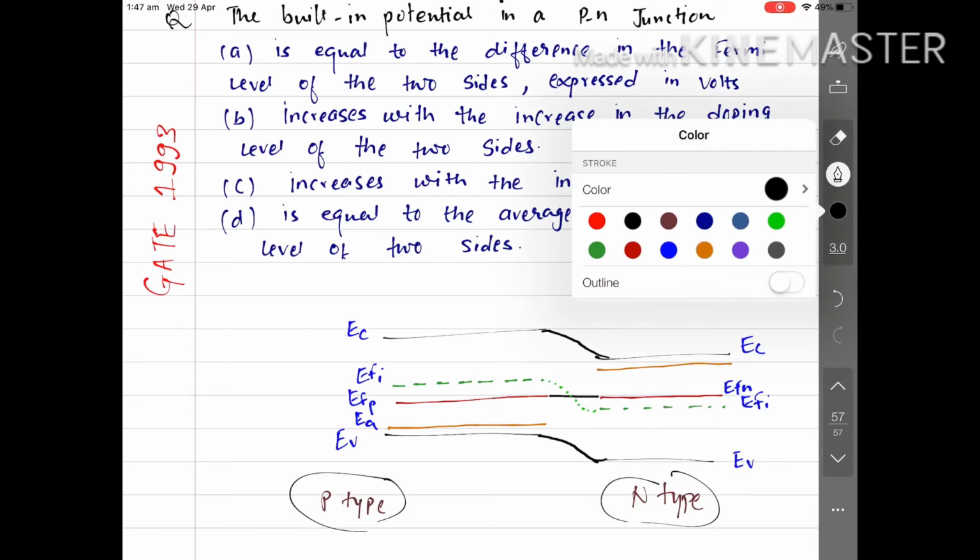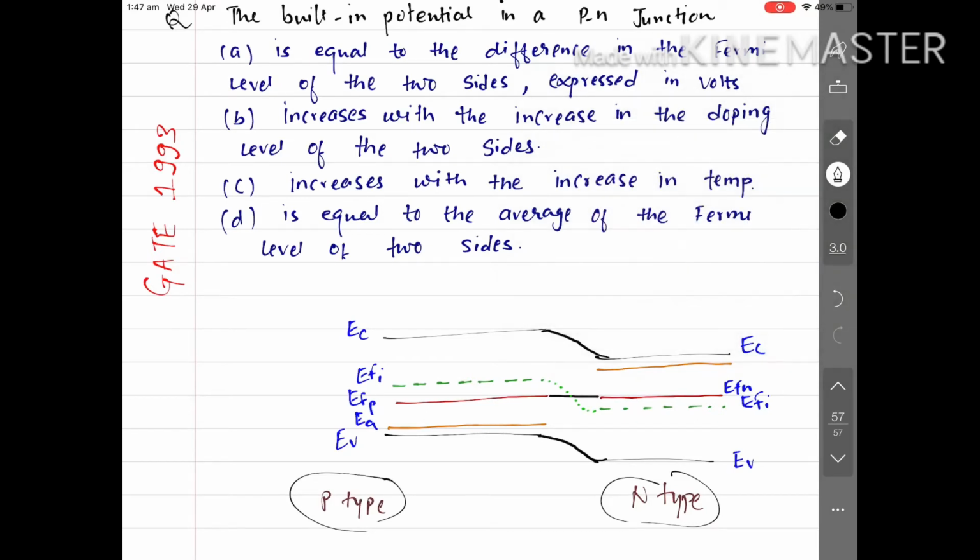Now, after knowing how to make a p-n junction out of p-type and n-type material, this difference is equal to the difference of the Fermi levels of these two p-type and n-type materials, because this much bending has occurred when we align the Fermi levels. This bending is denoted as E phi b.